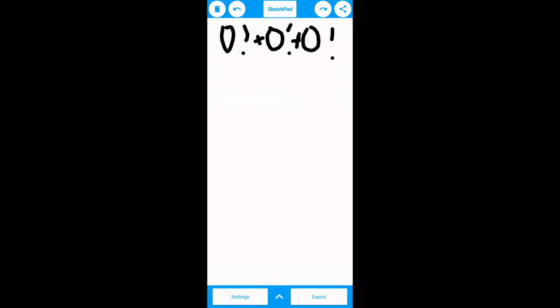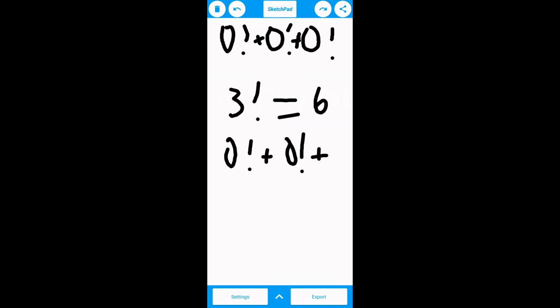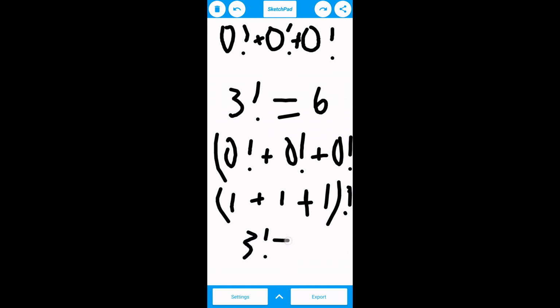So it simplifies to 3 factorial, which equals 6.